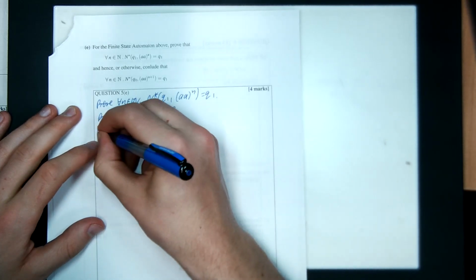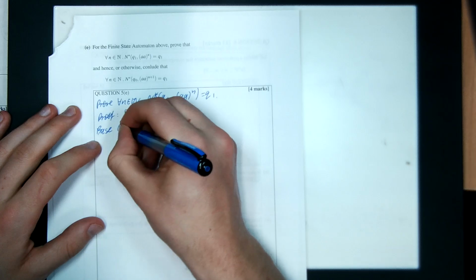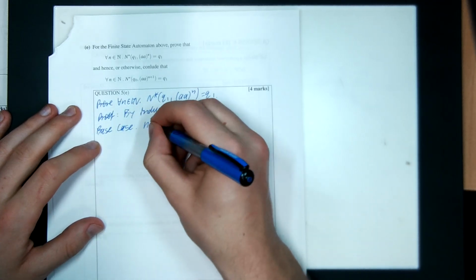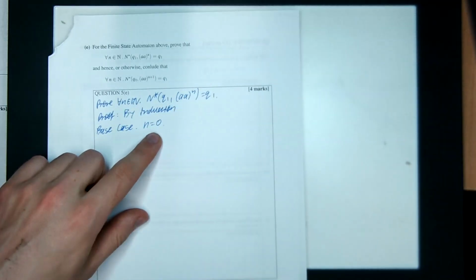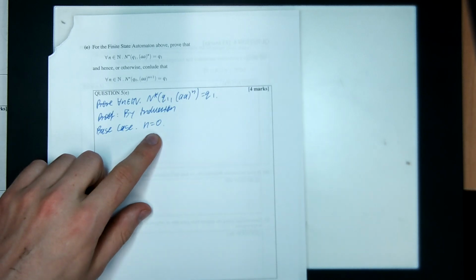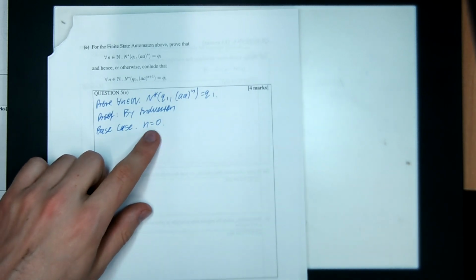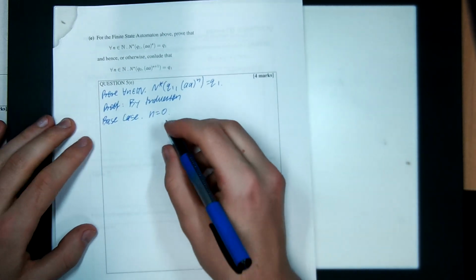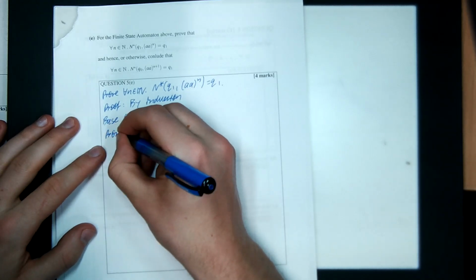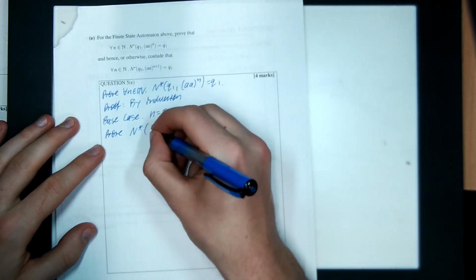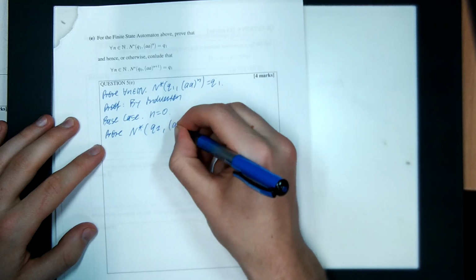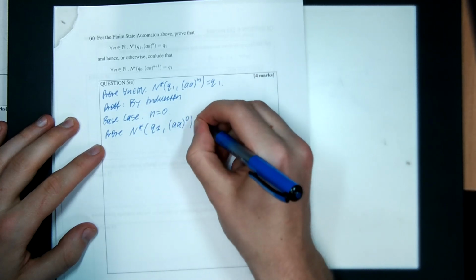What's my base case going to be? My base case for the natural numbers is when n is equal to 0, not when n is equal to 1. I don't care what math 1005 says. The first natural number is 0. So we've got to prove n star Q1 (AA)^0 equals Q1.